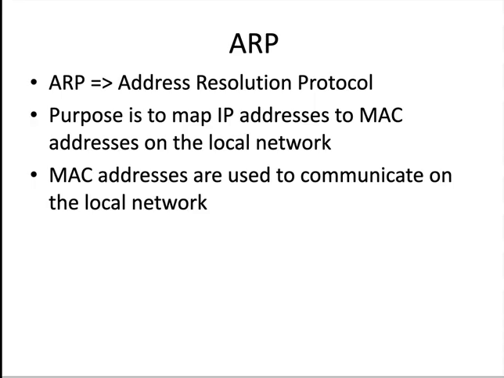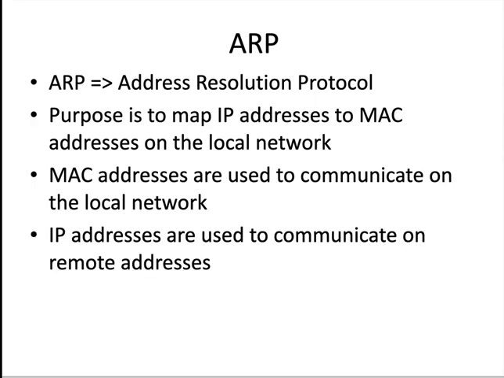So ARP allows you to be given an IP address and then get a MAC address on the local network so that you can communicate with that machine. Now, if I ask you what addresses are used to communicate with machines on remote networks, then your answer is simply IP or IP addresses. So you will see that multiple times. I can pretty much guarantee that.